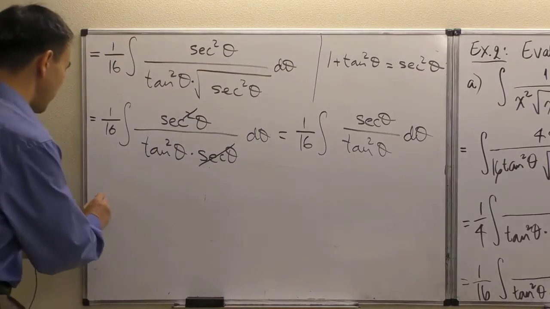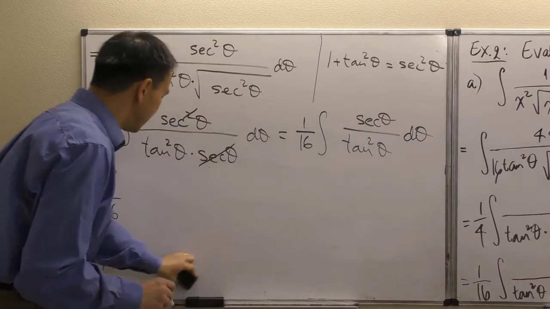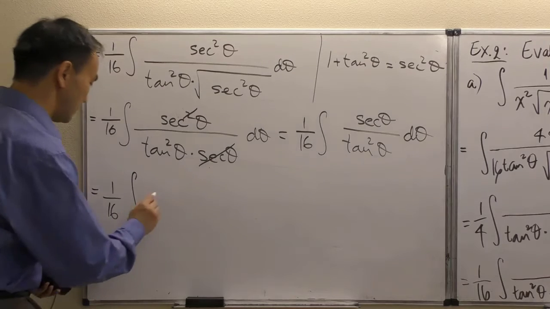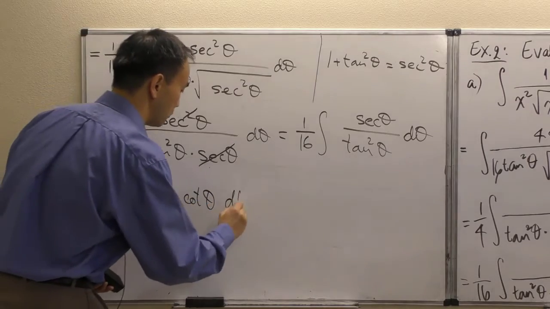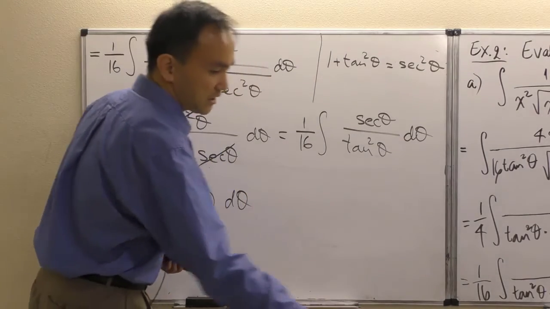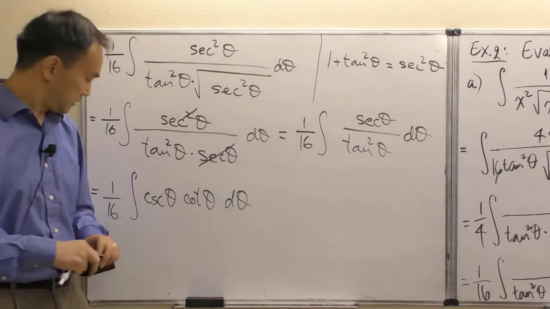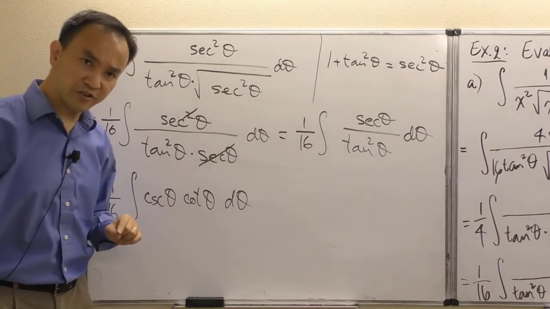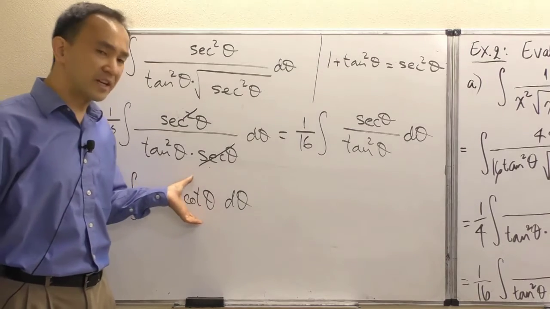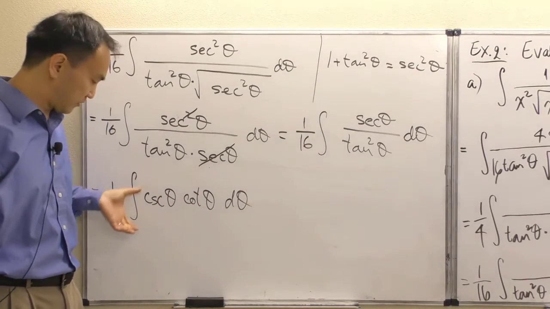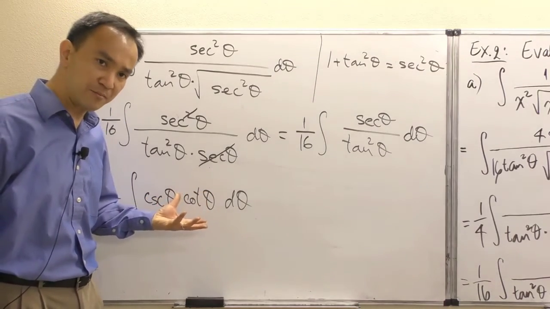In my next step, the constant coefficient 1/16 is still there, and now the integral of cosecant theta times cotangent theta d theta. What do we recognize here? Since we're taking an antiderivative, think closely about the derivatives you learned back in calculus 1.